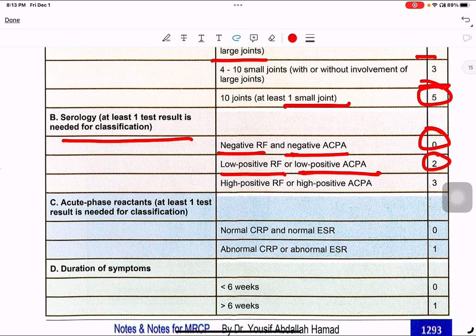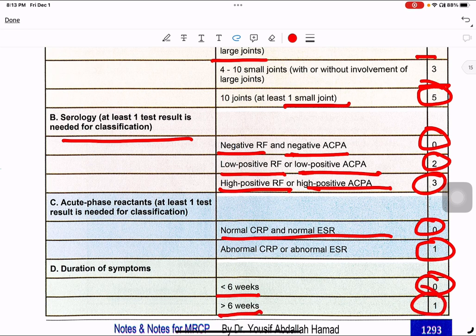If raised and more than 3 times the upper limit, the score is 3. If CRP and ESR are both normal, the score is 0. If either ESR or CRP or both are abnormal, the score is 1. If the duration of symptoms is less than 6 weeks, the score is 0. If more than 6 weeks, the score is 1.